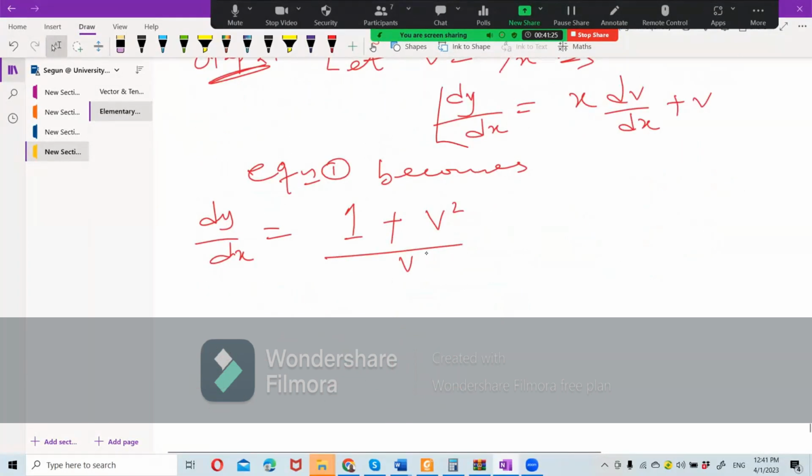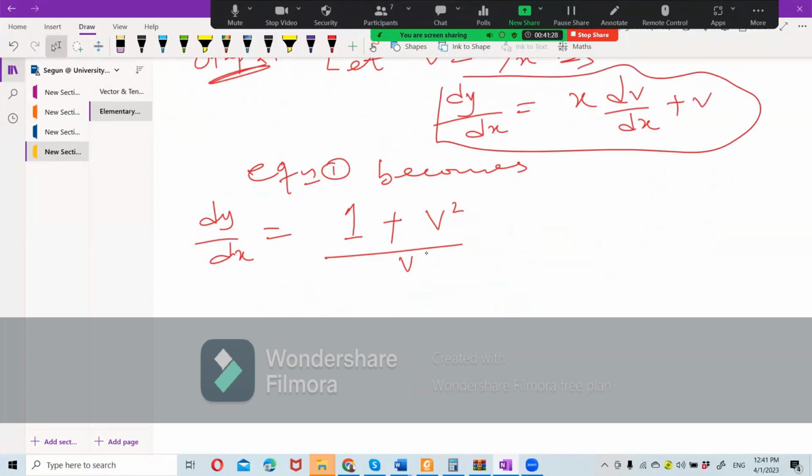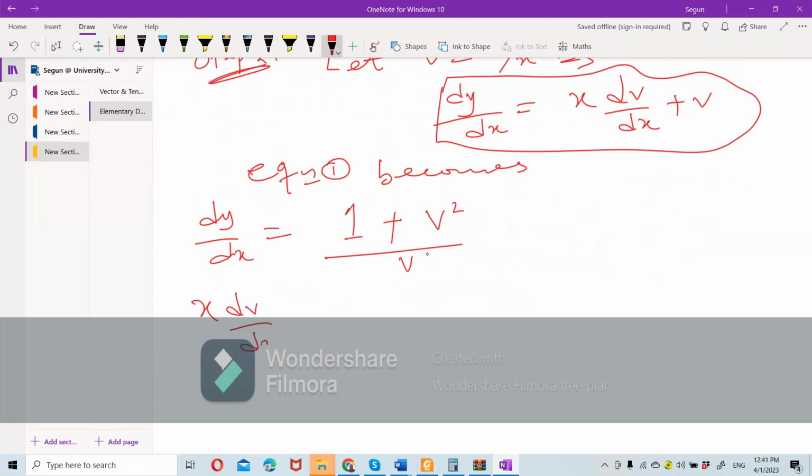We have this one already, the one we did the other time. We can put it there: x dv/dx plus v is equals to 1 minus v squared over v, which is the same thing as x dv/dx plus v equals 1 over v plus v.